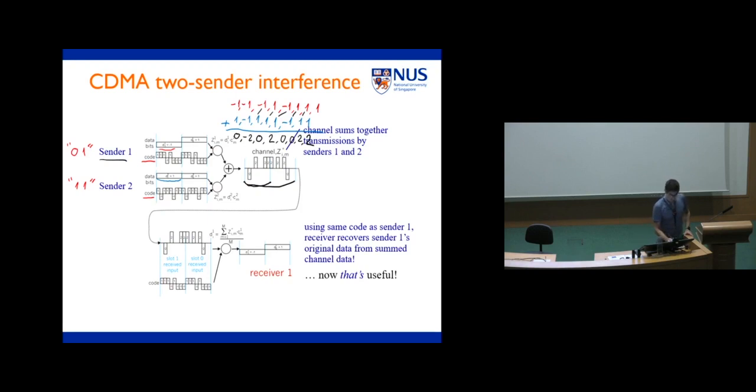It needs to multiply what it received with the chipping sequence of the first sender. So if I multiply these two, I have 0 plus minus 2 plus 0.